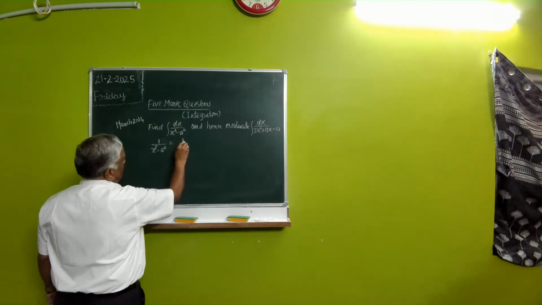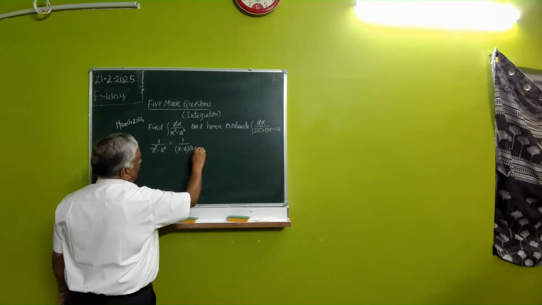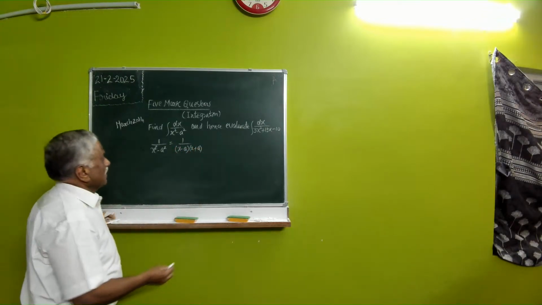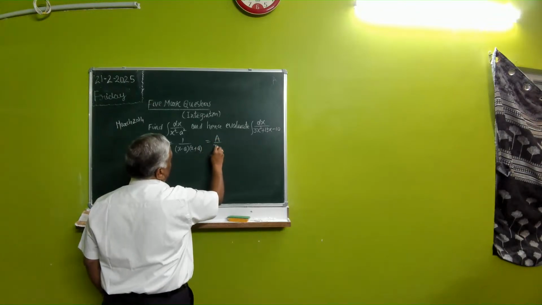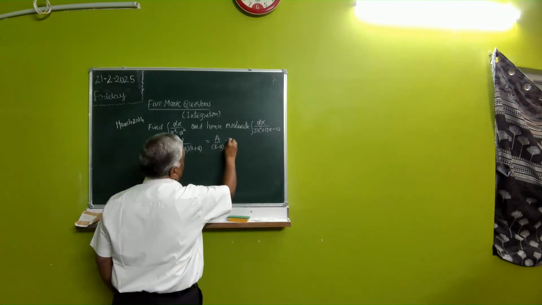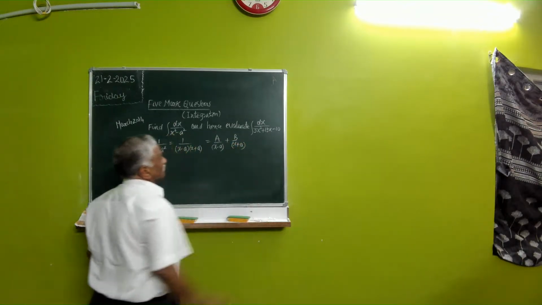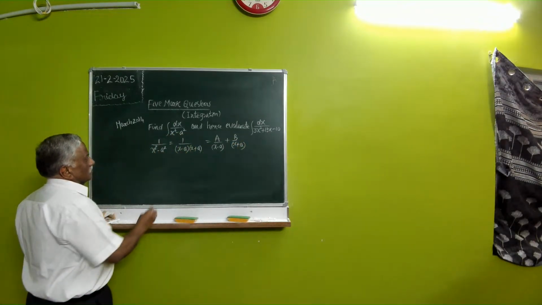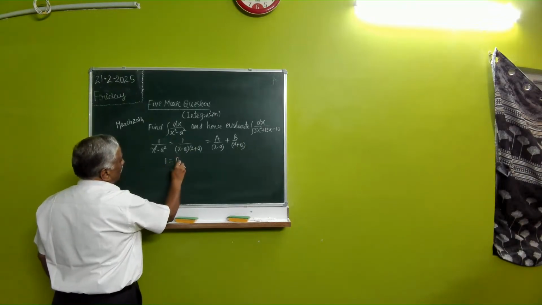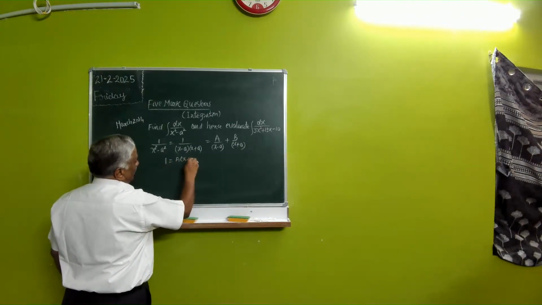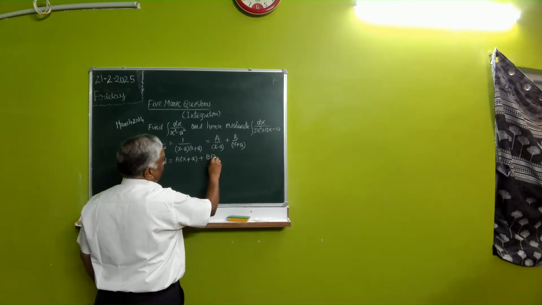If you factorize this, you get x minus a into x plus a. It is a partial fraction problem: a over x minus a plus b over x plus a. Multiply by the LCM: 1 equals a into x plus a plus b into x minus a.